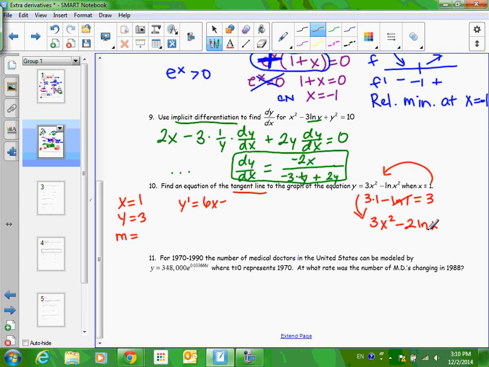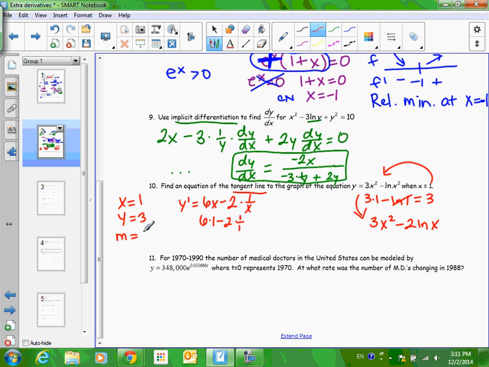Okay, so if you did use the log property, you would have moved that 2 to the front, and so then the derivative would just be 2 times 1 over x. How many of you, instead of this, wrote 2x over x squared? You're going to end up getting the same number. So for my m, it's going to be 6 times 1 minus 2 times 1 over 1.